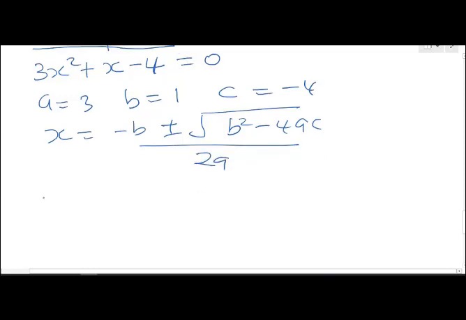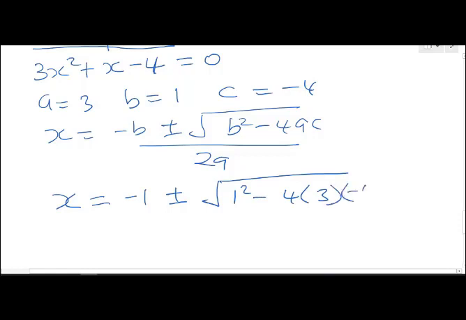Substituting the values of a, b, and c in the formula, we get x is equal to minus b plus or minus the square root of b squared minus 4ac, everything over 2a, and 2a is 2 multiplied by 3.